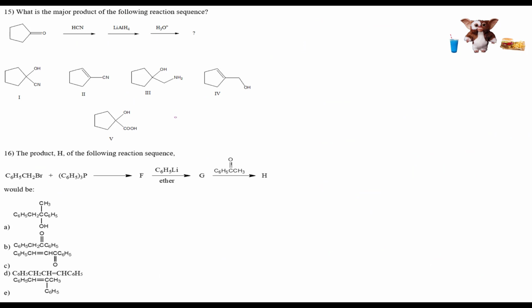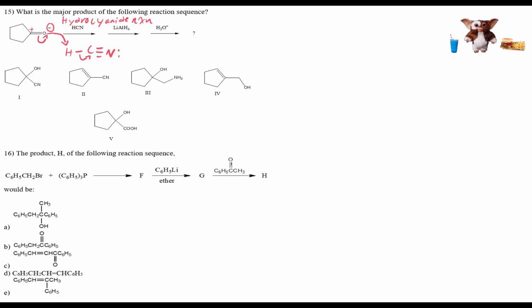Number 15. What is the major product of the following reaction sequence? The first one is known as a hydrocyanation reaction. What happens here is that the HCN breaks off towards the carbon, and the oxygen breaks the double bond towards the oxygen, making this one positive and this one negative, and it picks up the hydrogen.